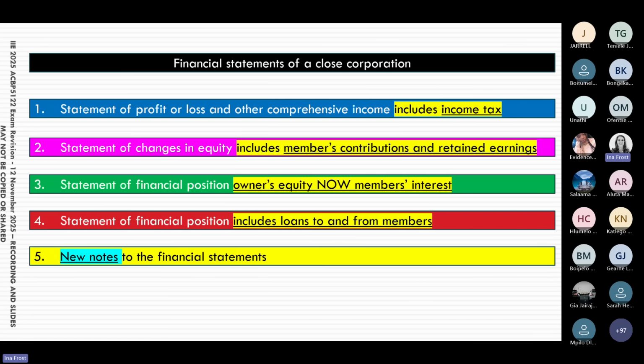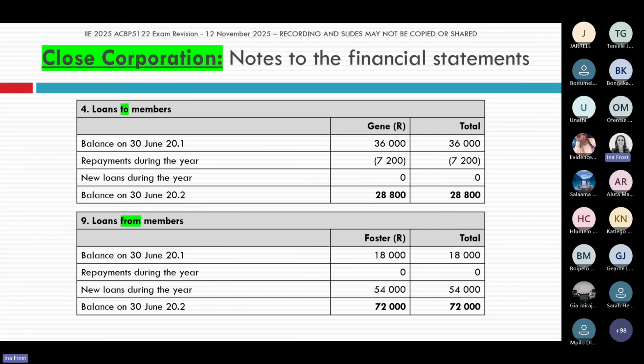And then when it comes to the notes, we've got a couple of new notes that are unique to closed corporations. The first of those new notes deal with these loans. So these loans that are either made to the members or that are made from the members, those get their own notes.